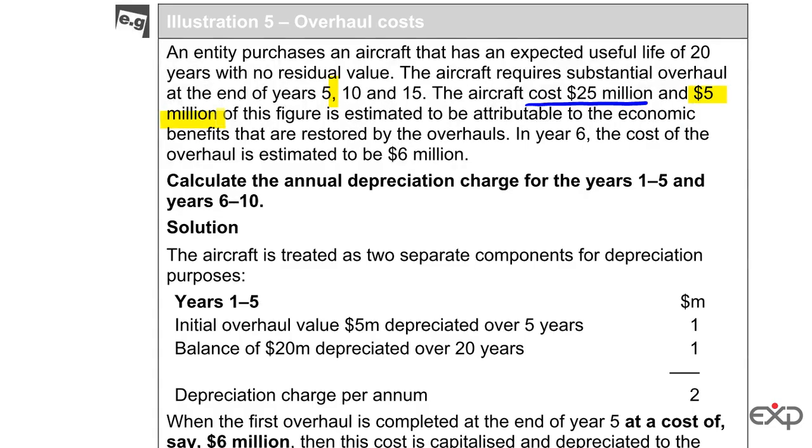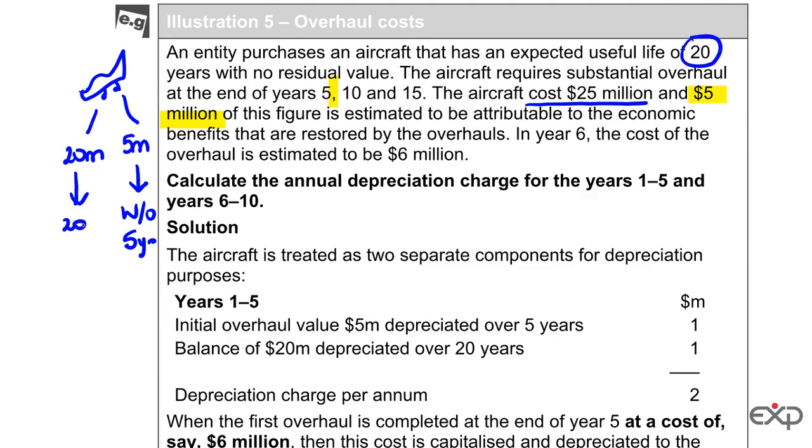What we then do is we treat this aircraft as, I can't draw at all, there we are, my aircraft. The aircraft is going to be treated as two separate assets. The 5 million is going to be written off over 5 years, and the remaining asset is going to be written off over its useful life of 20 years.